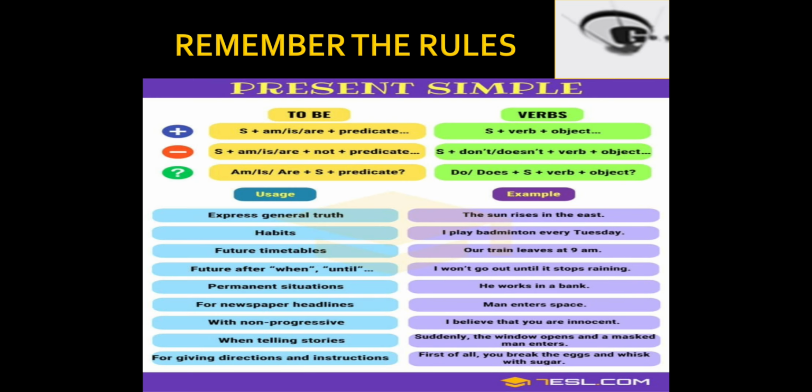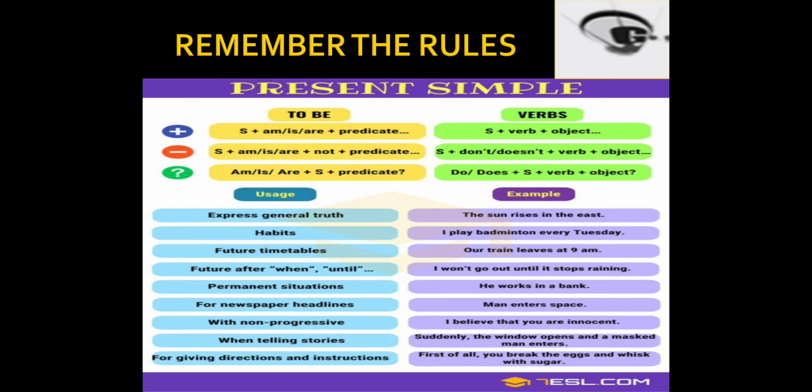Moving on, there are some rules to remember in the present tense. Firstly, in simple present tense, where there is a positive statement, we write as the subject plus am, is, or are plus the predicate.